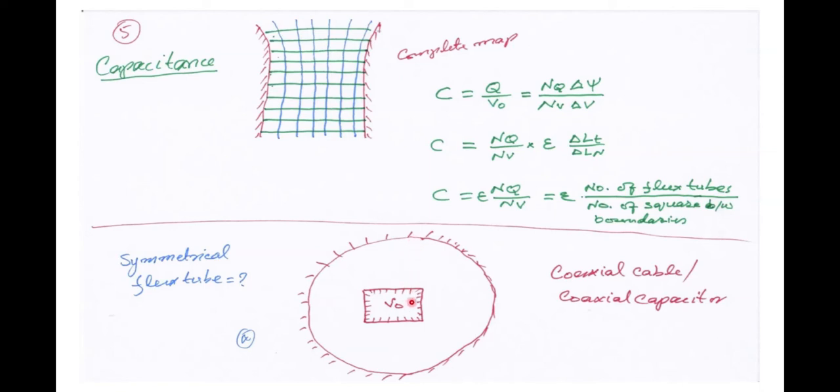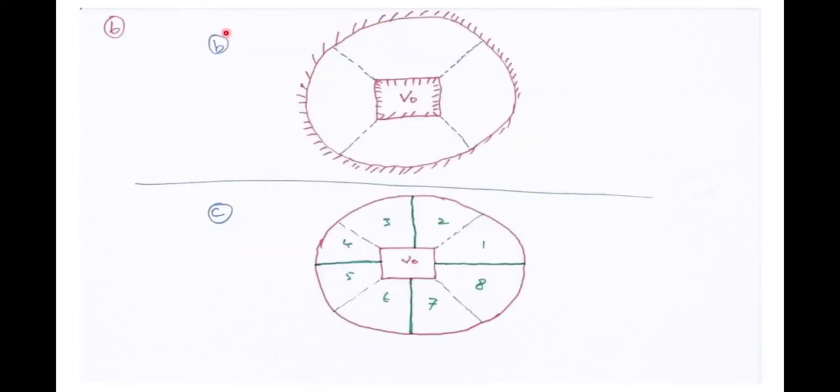We know that the streamlines from the corner of any conducting sheet originate in the normal direction and terminate on the outer conductor. So at first glance, we see that we can divide the space between the inner conductor and the outer conductor into four big symmetrical flux tubes, which we have shown in figure B.